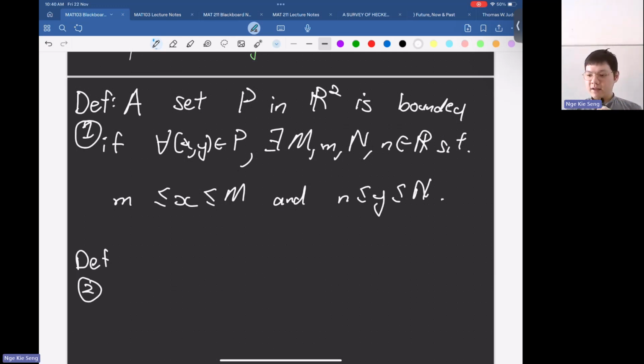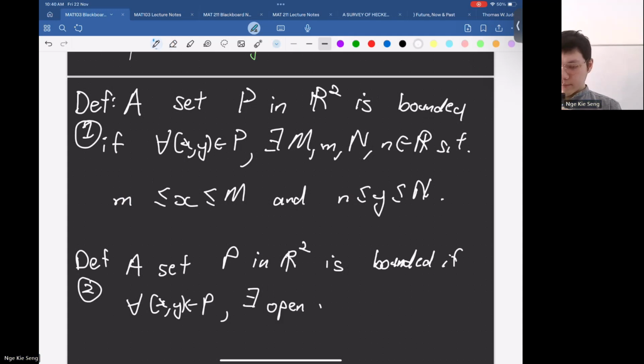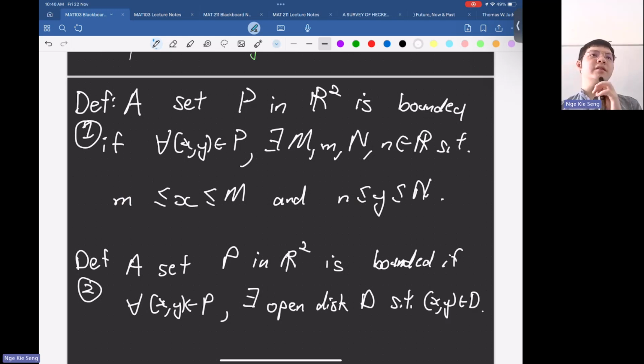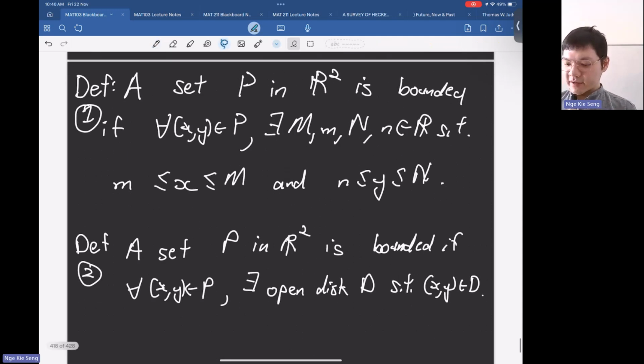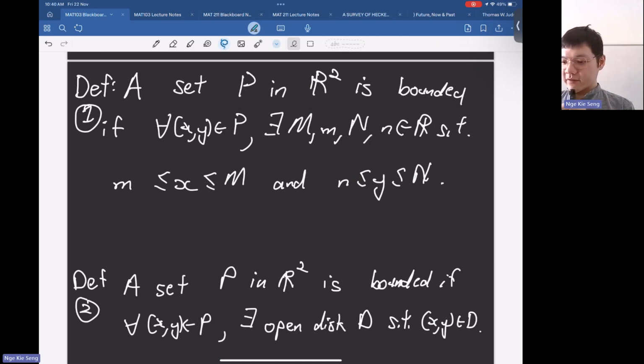Instead of bounding using these four numbers, we can also bound the set using an open disk. Open disks are very useful, and we have been using them all along. So for every (x, y) in P, there is an open disk such that P is inside it. What's the difference between these two? Which one is easier to imagine? Let's start with a P.